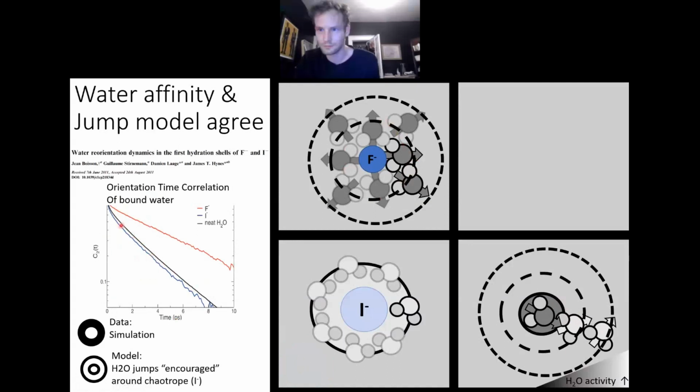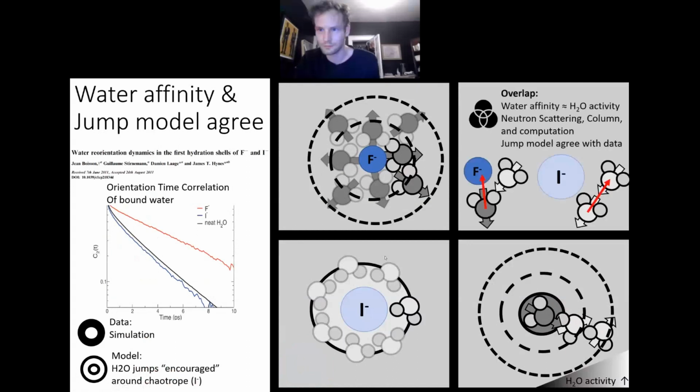As time goes on, these waters fall apart and are less coordinated than neat water. So their data here is simulation, and the model that they take is that water jumps are encouraged around chaotropes. So something like iodide, a chaotrope, encourages the reorientational jumps that they're talking about.